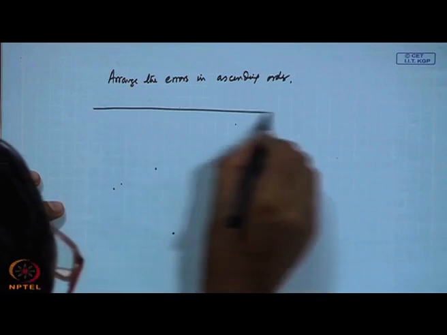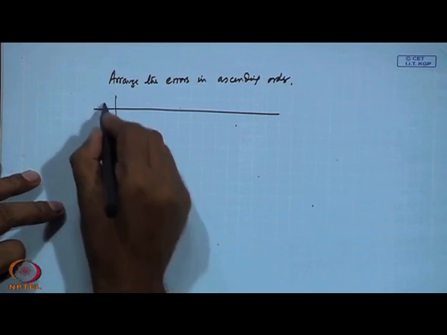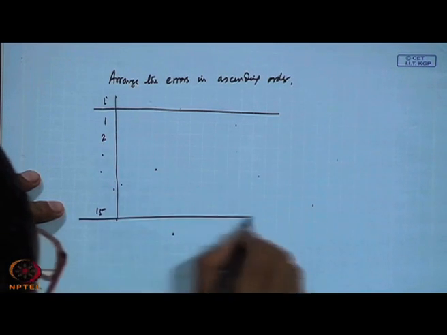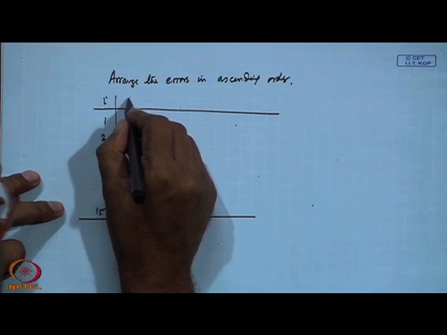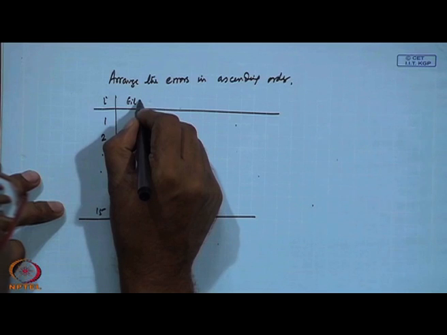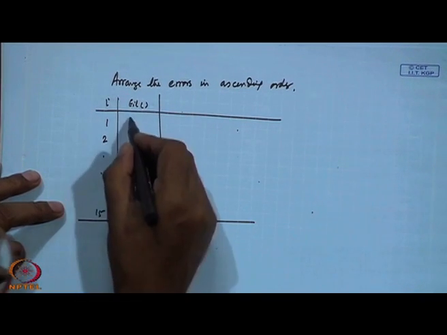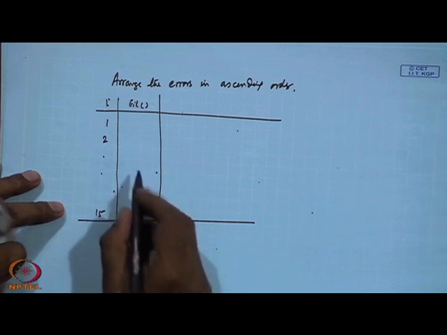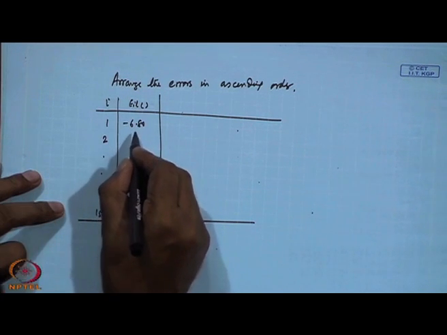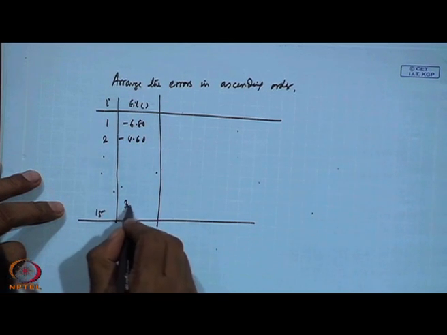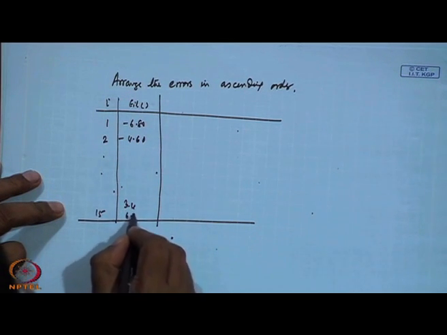Suppose in this case you have 15 data points, numbered 1, 2 and so on, and the errors e_il are arranged in ascending order. When you arrange them, you will get values like minus 6.80, minus 4.60, and so on, up to 3.4, 6.2.